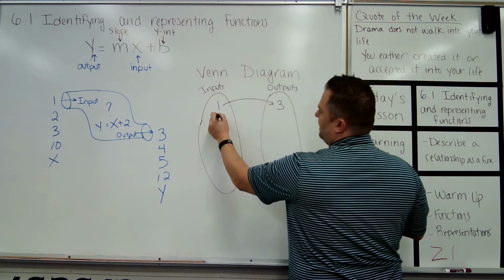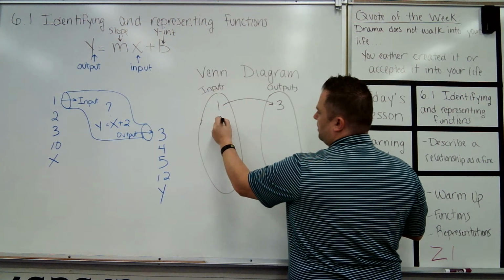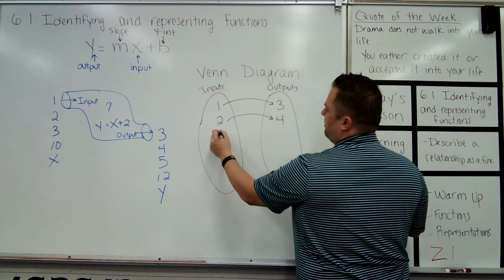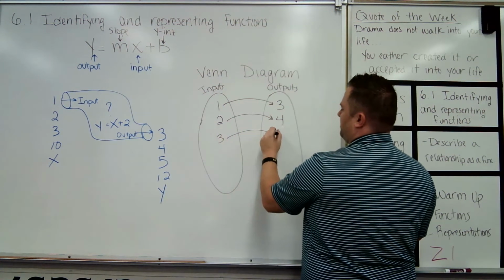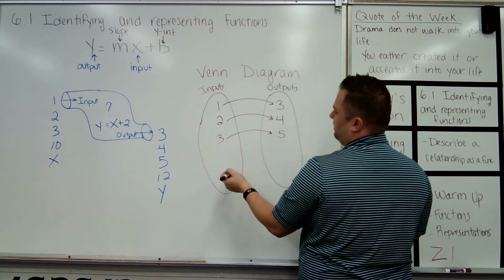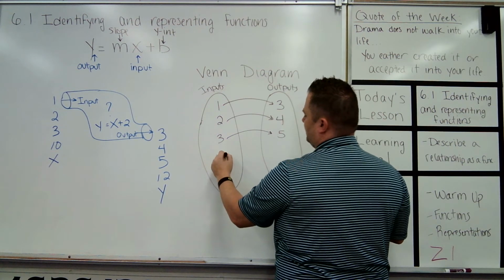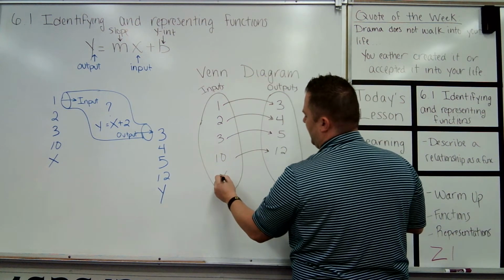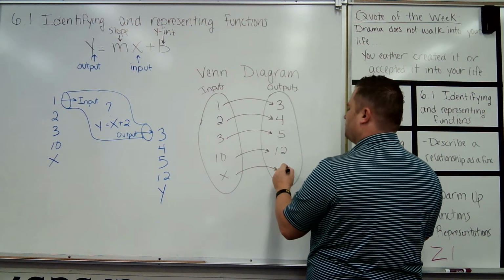When I put in a 2, out came a 4, so I would indicate that with an arrow. When I put in a 3, out came a 5, so I'd also indicate that with an arrow. When I put in a 10, out came a 12. And then when I put in an x, what came out was y.